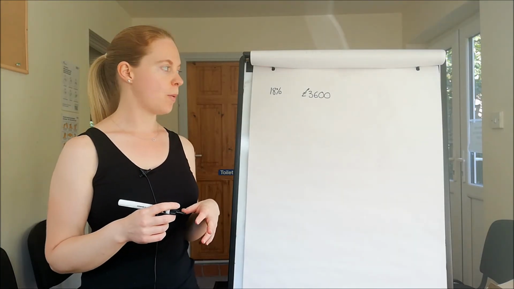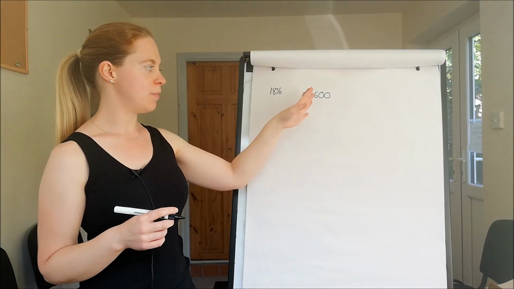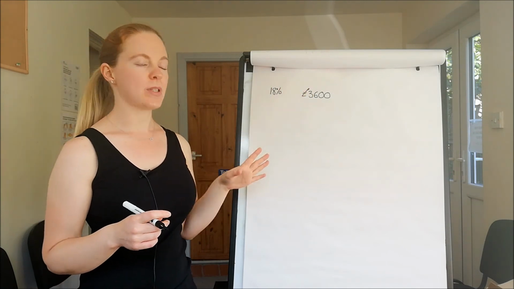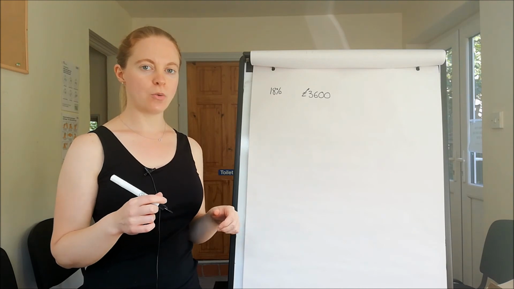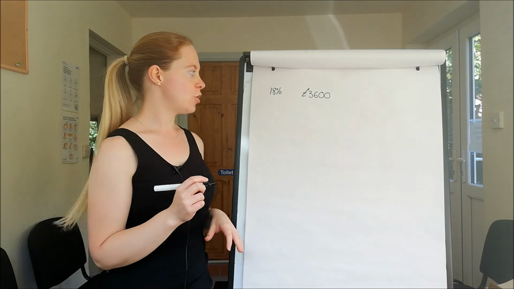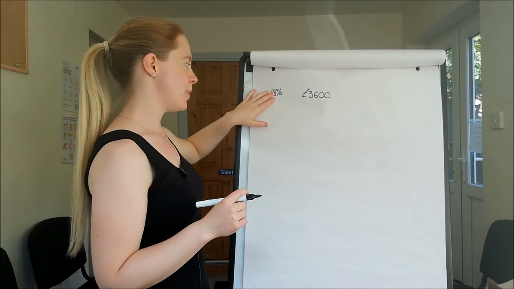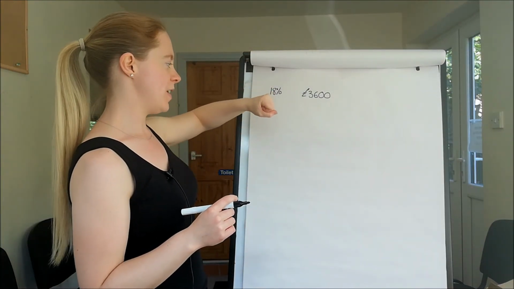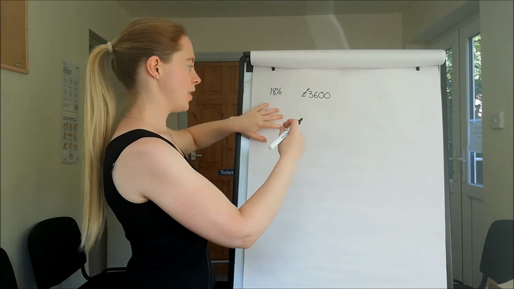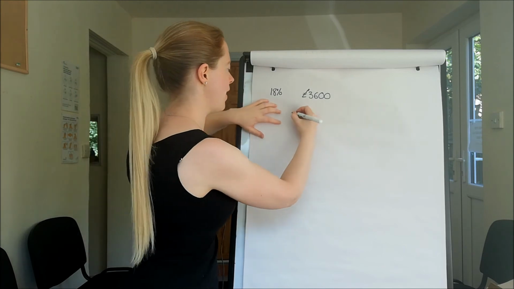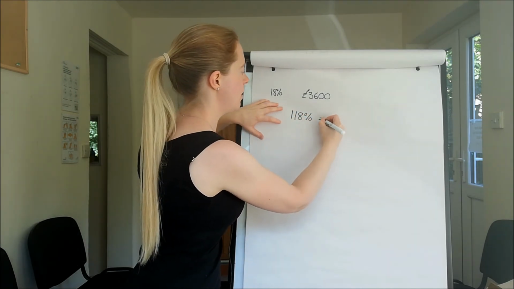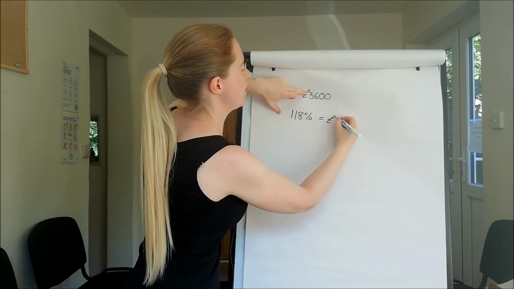So in this case, we're being told that the new advertising budget after an 18% increase is £3,600, and we're being asked what was it before, what was the old advertising budget. So because it's gone up by 18%, we have all of the previous advertising budget plus another 18%. So the answer to what percent do I have here is 118% equals £3,600.